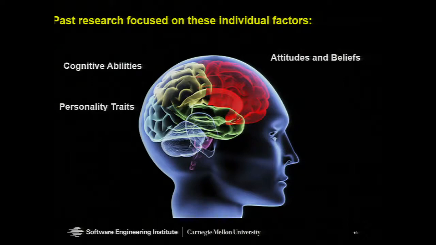If we take a step back and learn what we know from prior research on what human factors actually have a relationship with the development of expertise, we find things from the cognitive abilities literature, from personality traits literature, and from attitudes and beliefs. So these are some of the things that across disciplines, they seem to matter in terms of the development of expertise.